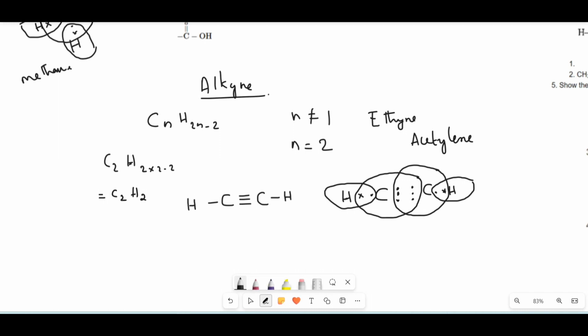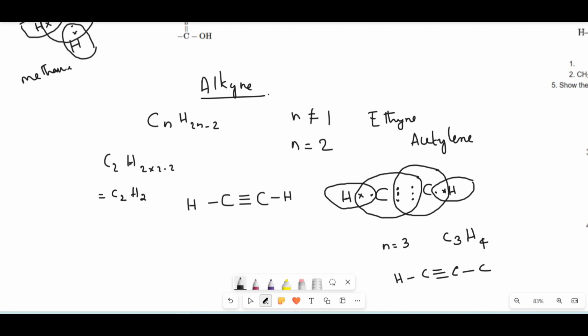And so this is the electron structure. If you wanted to write the homologous series of this member, the second member will be n is equal to 3. So the formula is C3H 2 into 3, 6, 6 minus 2, that is 4. C3H4. So there are 3 carbon atoms, and one of this carbon will share a triple bond. Remaining, the fourth valency will be satisfied with this hydrogen.